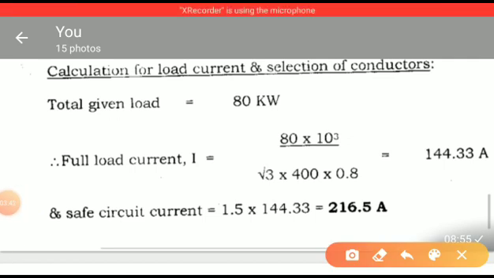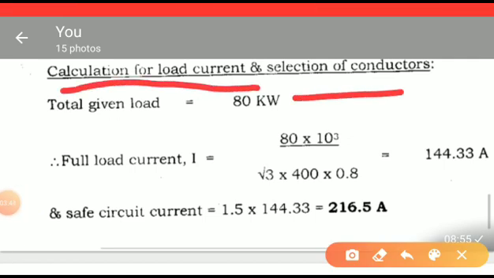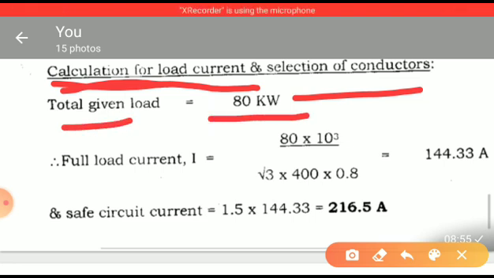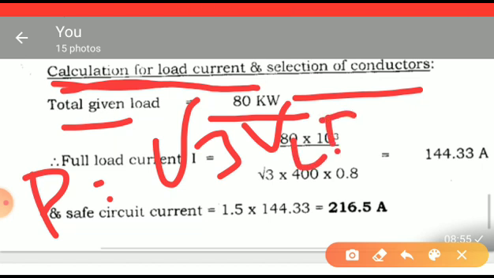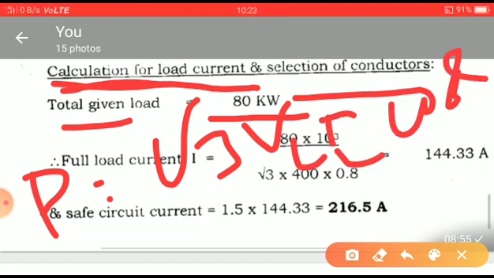Here we will calculate the load current and selection of the conductor. Our first step is to calculate the current and the conductor size. The total load given is 80 kilowatt. So the total load we can write as √3 VL IL cos phi, which is 80 kilowatt.